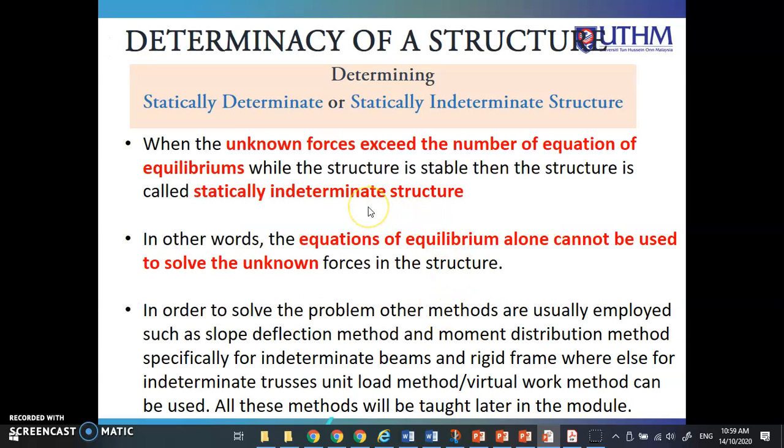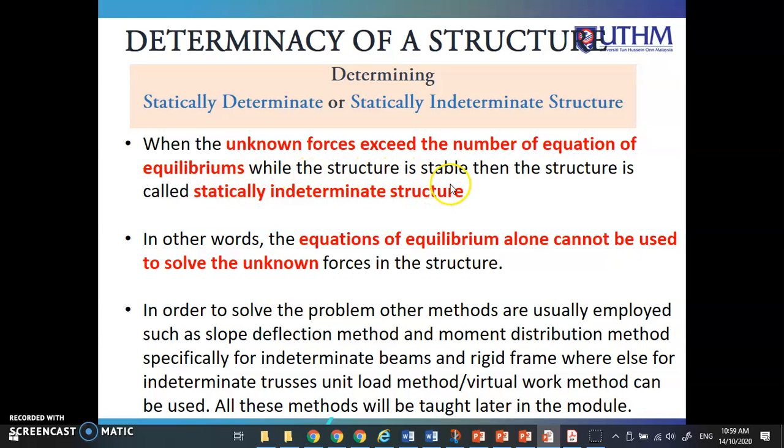Okay. In determining the statically determinate or statically indeterminate. Okay, tadi kita dah cakap statically determinate tu boleh disolvekan menggunakan equilibrium equation. Okay, so when the unknown forces exceed the number of equation equilibrium, maksudnya number of forces yang tak diketahui, kira reaction dia banyak, melebihi daripada number of equation of equilibrium.